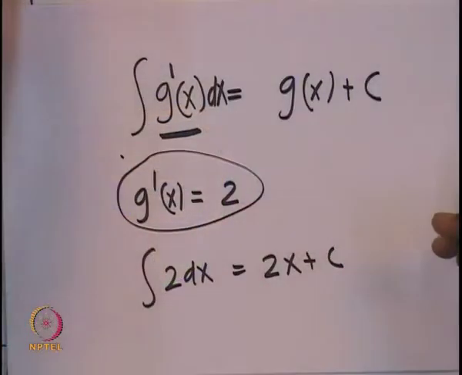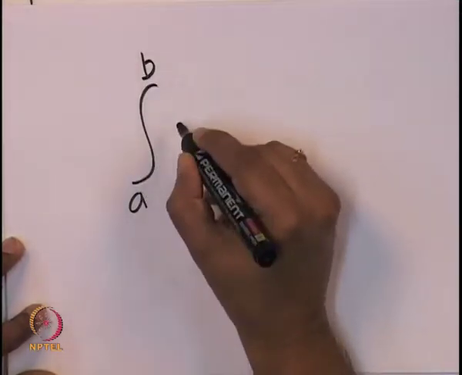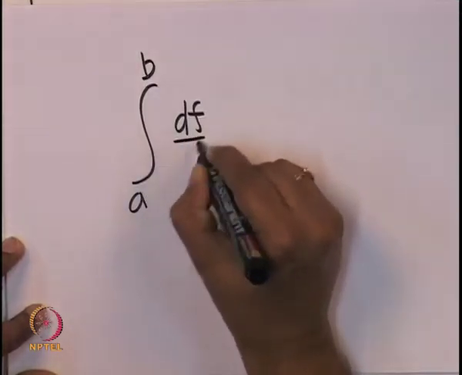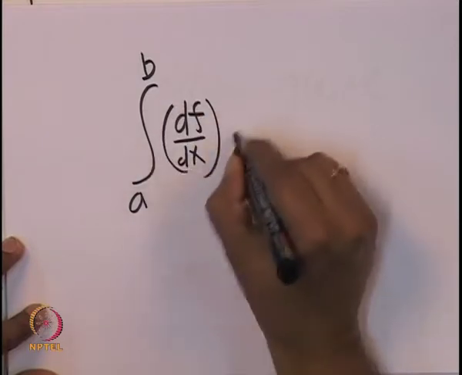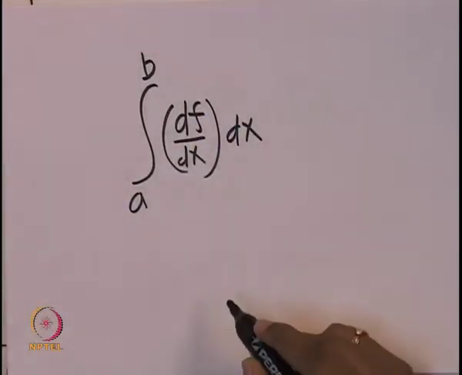Such integrals are called indefinite integrals. We also said that you can calculate definite integrals, where we have two limits, say a to b, of a function which is df by dx times dx. So your function is f prime.